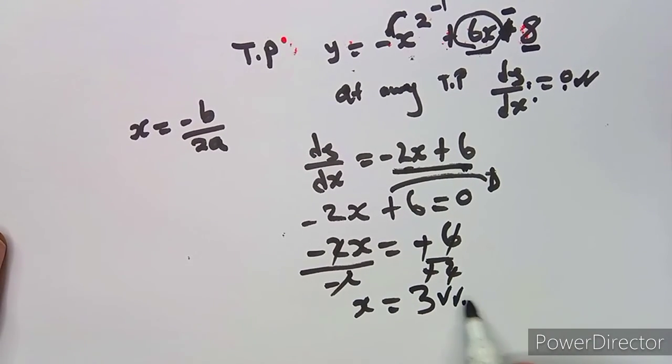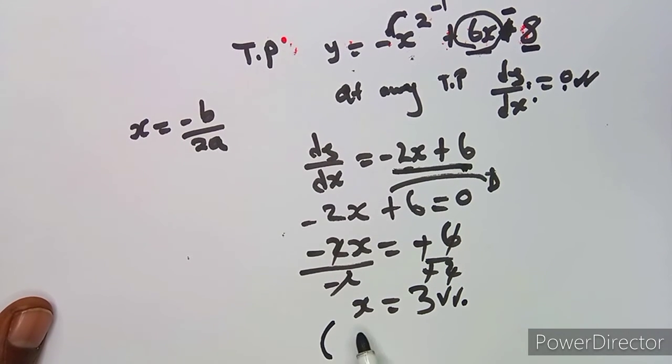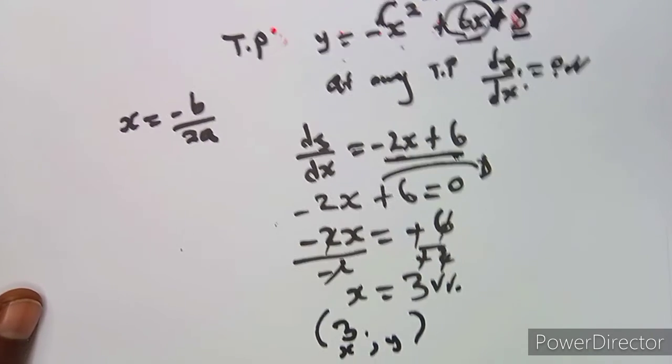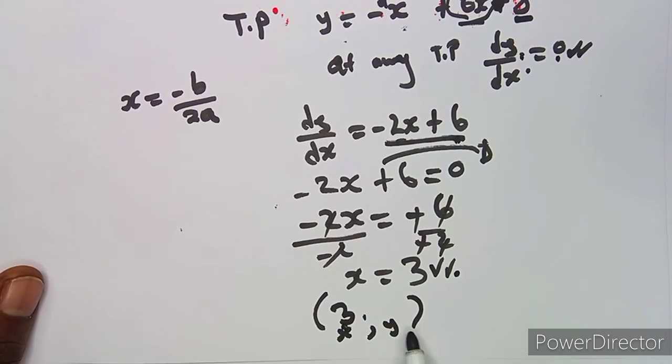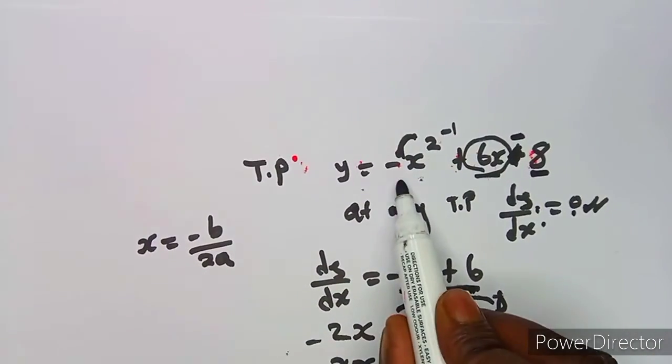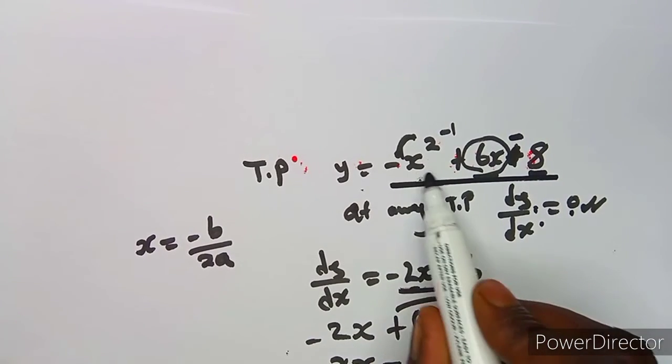So this is the value of x at the turning point, but this is not a point yet because we are just given the value of x. So we need to find the value of y at that turning point, because remember, a point is given by x followed by y. So we have the value of x. What about the value of y? You substitute this 3 into this function in place of x.